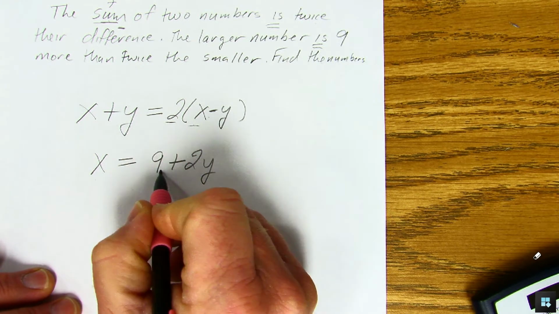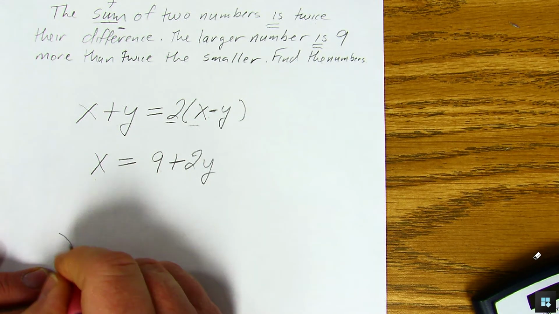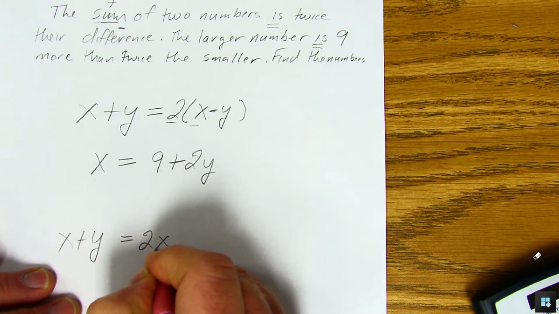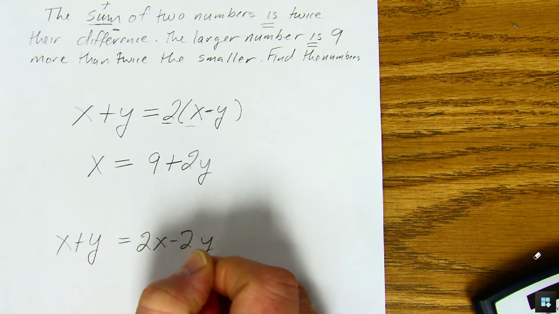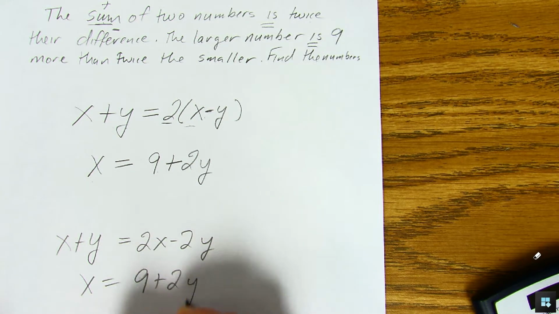So x equals 9 plus 2y. So we actually get, on top, x plus y equals 2x minus 2y. And here we get x equals 9 plus 2y.